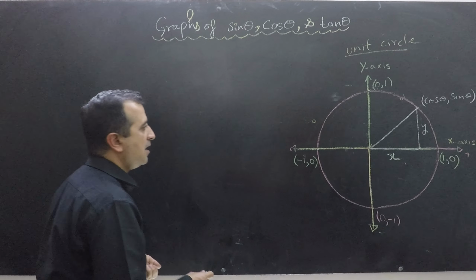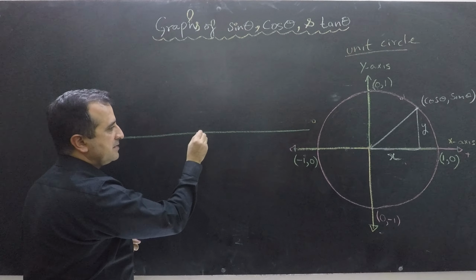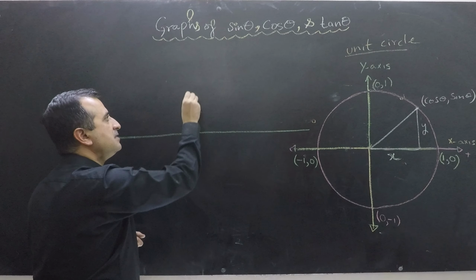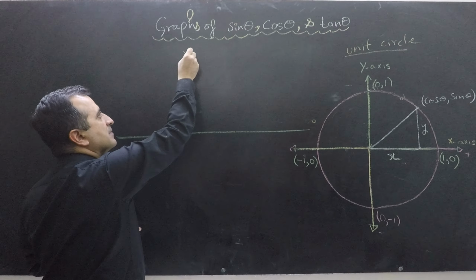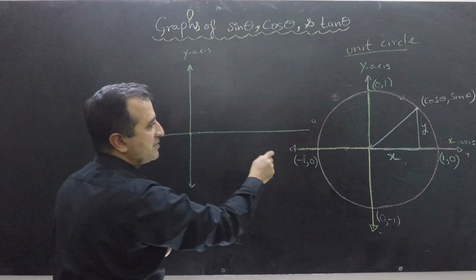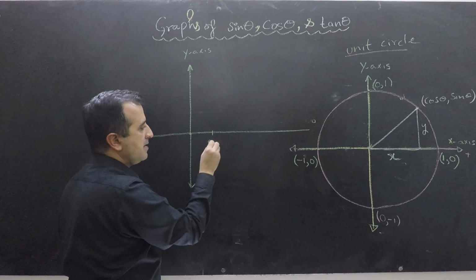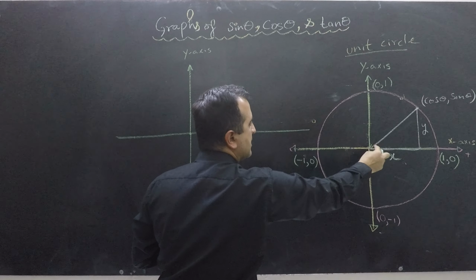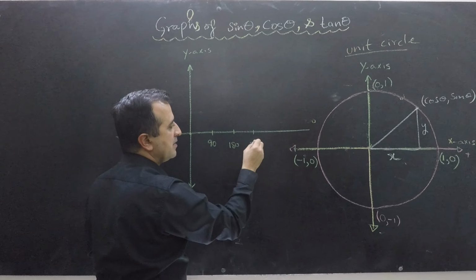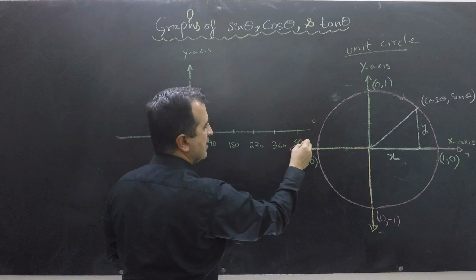So we make a horizontal line. This is our x-axis, and let's say this is our start. And this is our vertical line, this is our y-axis. And on the x-axis, we put our thetas. So this is going to be our 90 degree, this is going to be our 180 degree, then we will have 270, then 360, then 450, and so on.